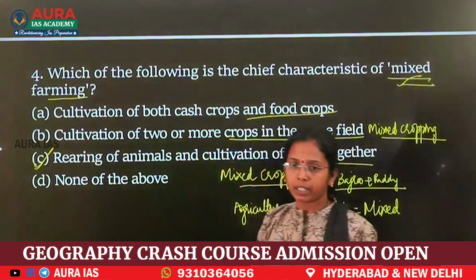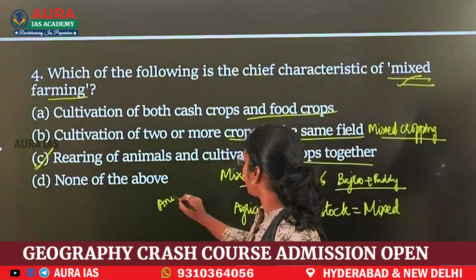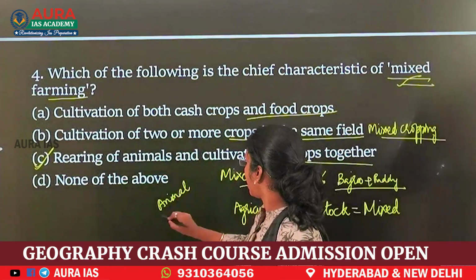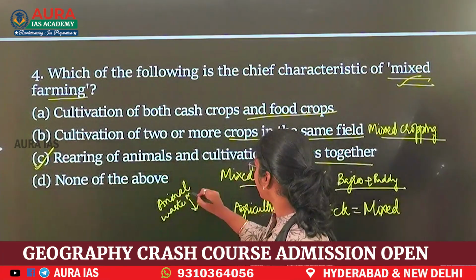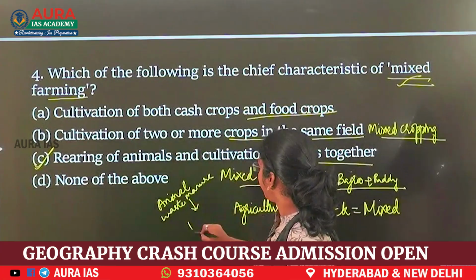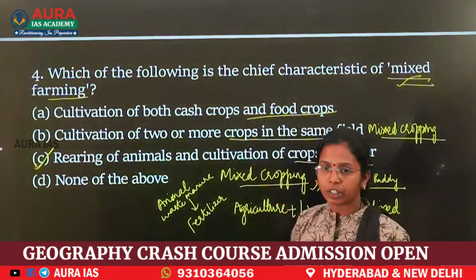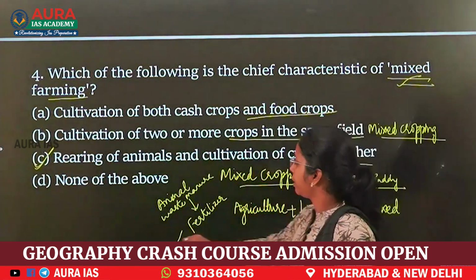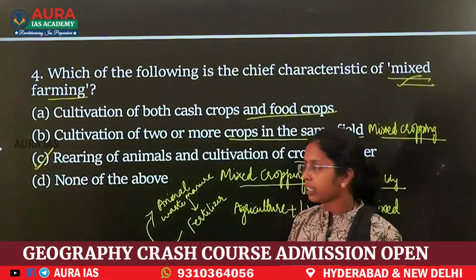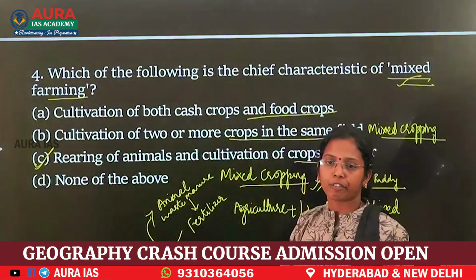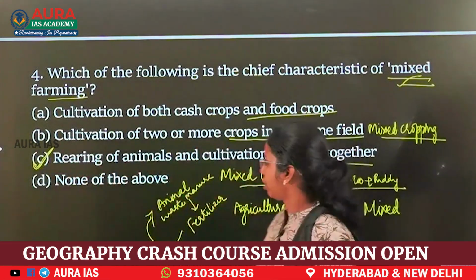By practicing mixed farming, farmer can use animal waste as animal manure. You can use it as natural fertilizer. And resource efficiency, crop residues can be given as feed to animals, and dual income you can expect from this mixed farming. Next answer is C, rearing of animals and cultivation of crops.